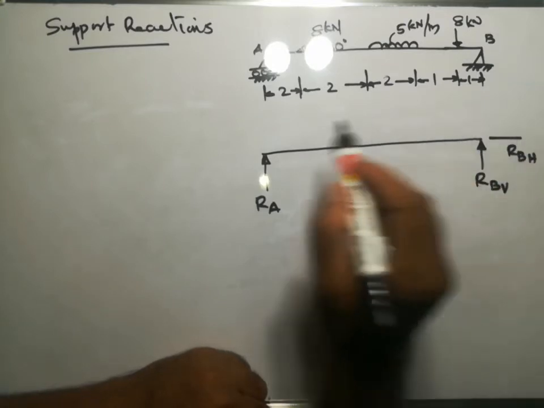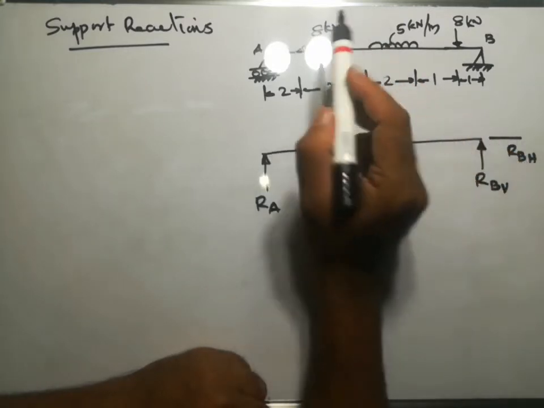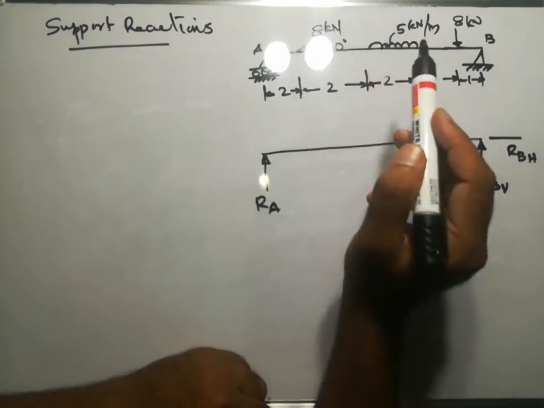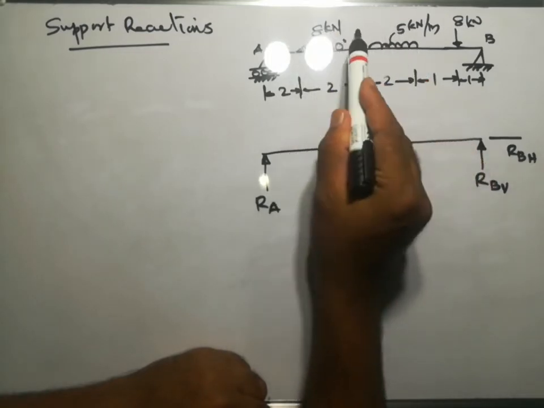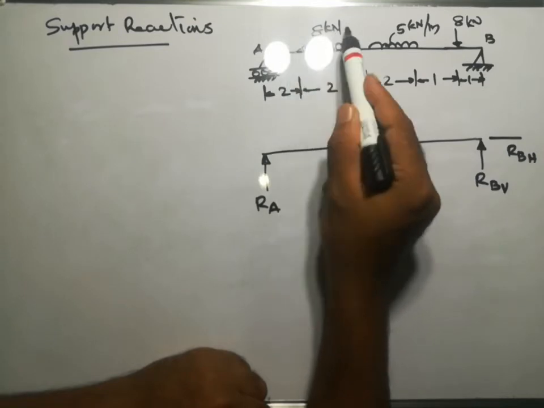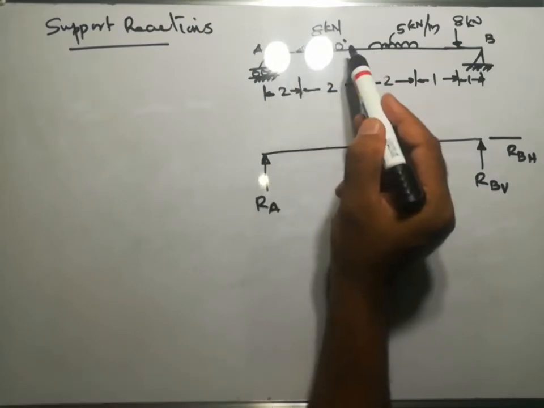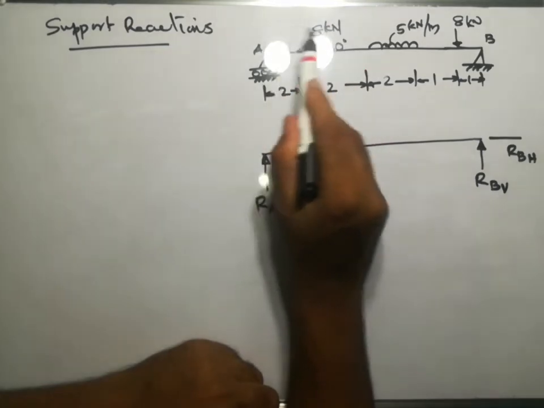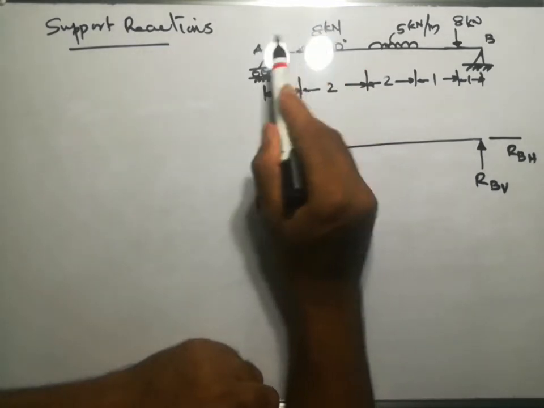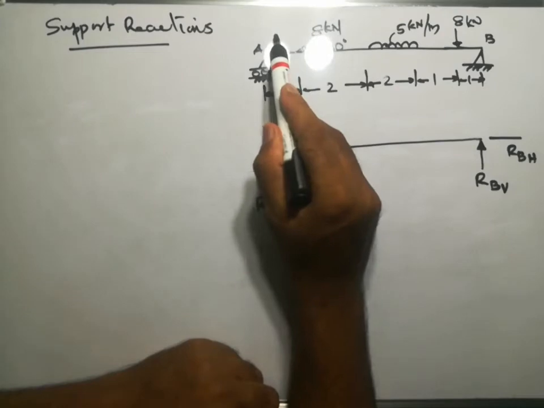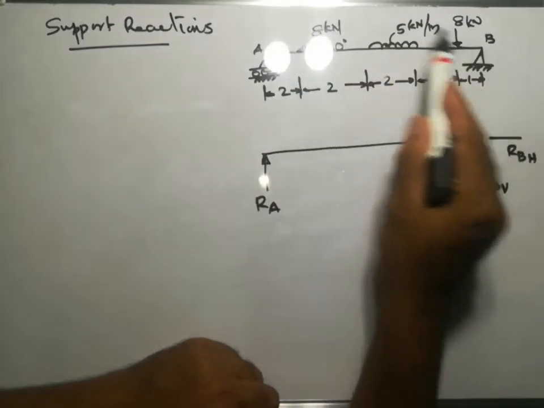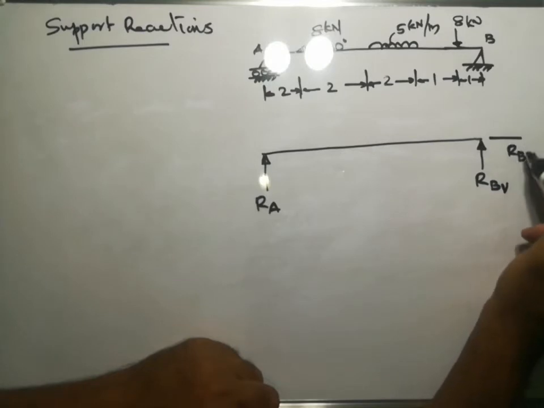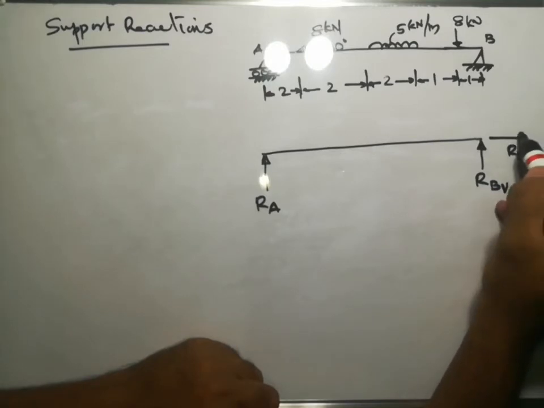In this whole beam, only one force is there in an inclined position, that is 8 kilonewton. It is acting in this direction at 30-degree angle with the beam. So its horizontal component will be trying to push the beam from right to left. So in order to keep this beam in equilibrium, this horizontal reaction component must be in this direction.